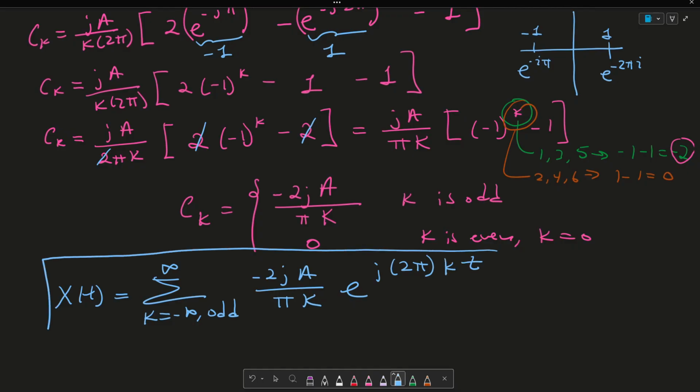So this here is your final Fourier series equivalent. If you got this right, good. If not, and if you have any questions, please leave them down in the comment section below, and I'll be sure to get back to you.